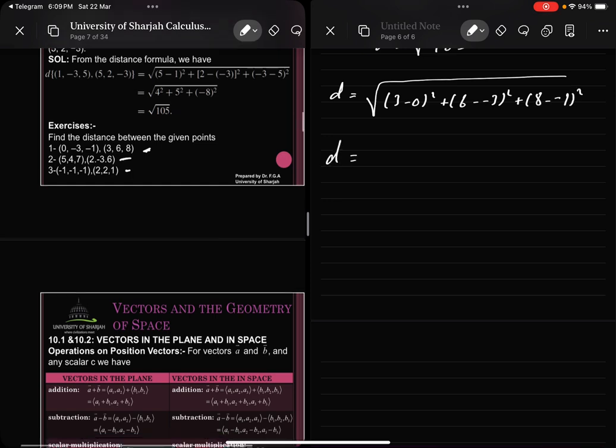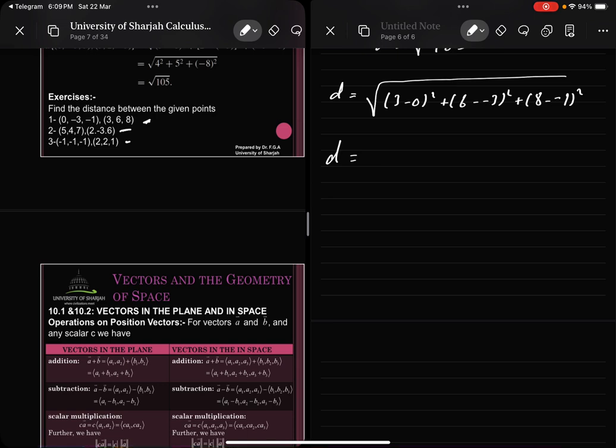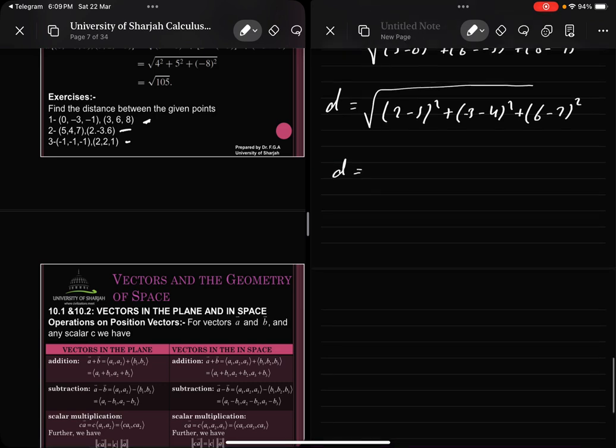And for question 2, it will be (2 minus 5) squared plus (negative 3 minus 4) squared plus (6 minus 7) squared. And for question 3, it will be 2 minus negative 1, and 2 minus negative 1 also, and 1 minus negative 1, squared.